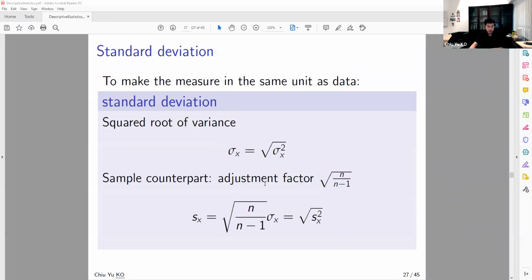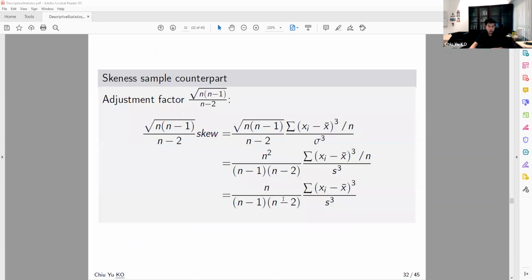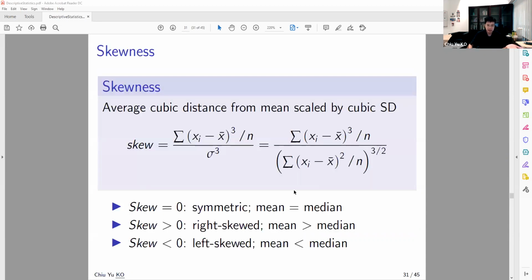Variance and standard deviation, you should know how to do it. If it's complicated, like skewness, if I need it, probably I will give it to you in the question paper so you can do it, okay? If the formula is rather simple, then I would expect you to memorize it, but something like this, I probably will give you.